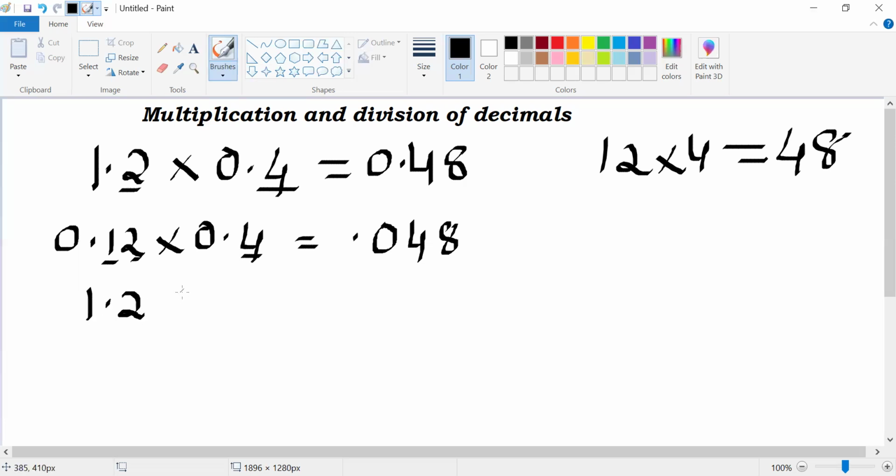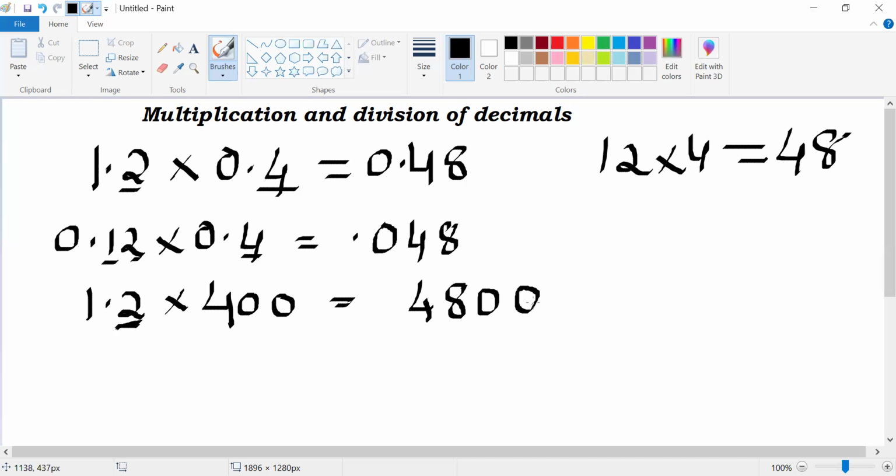Now, if it is 1.2 into 400. So 12 into 4, 48 only. Now, here 1 decimal place. And 12 into 400 is what? 12 into 4, 48, then these 2 zeros, 4,800. Now the decimal: 1 decimal place here and we have 2 zeros here.